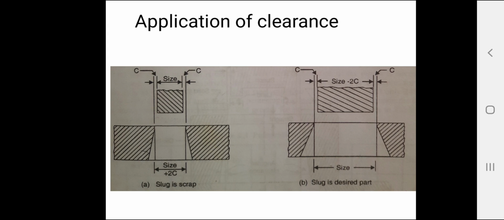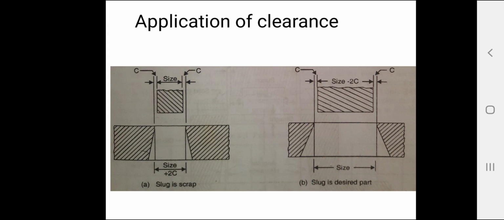So the application of clearance on the punch and die will depend upon whether the punched hole or the cut blank is the desired product. Hence, in the punching operation, the punch is made to the correct hole size and the die opening is made oversize by an amount equal to the die clearance.